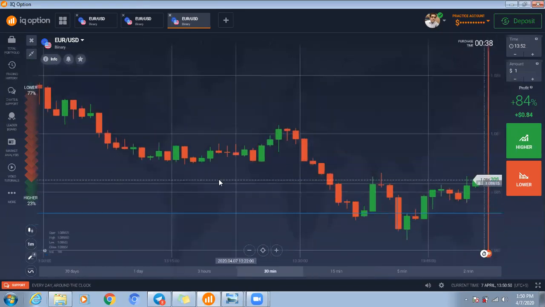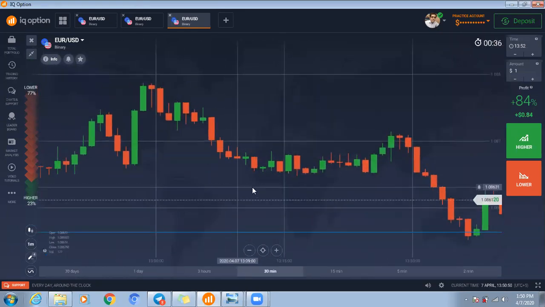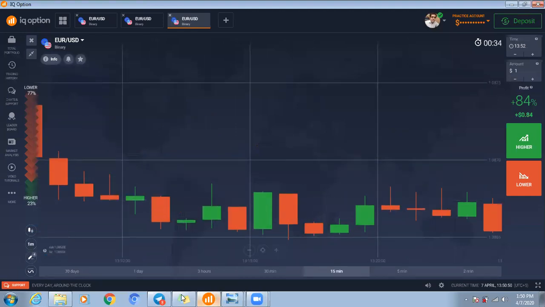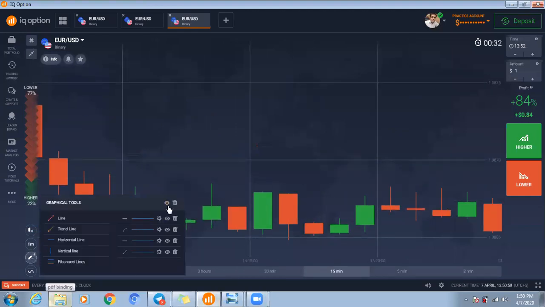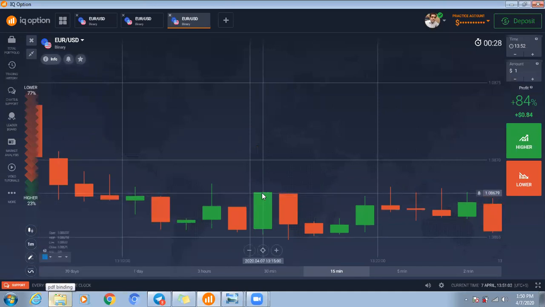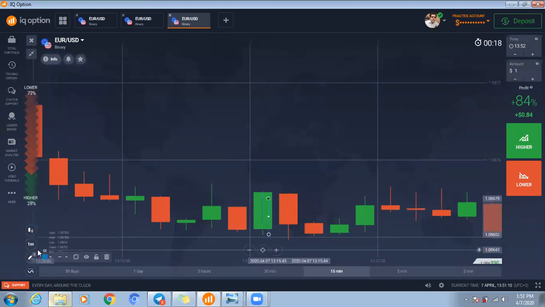We are finding the examples. You can say this is a dark cloud cover, because the 50% level is here, but it appeared in a downtrend. When it appears in a downtrend, the way of trading changes. I will teach you that after this pattern.